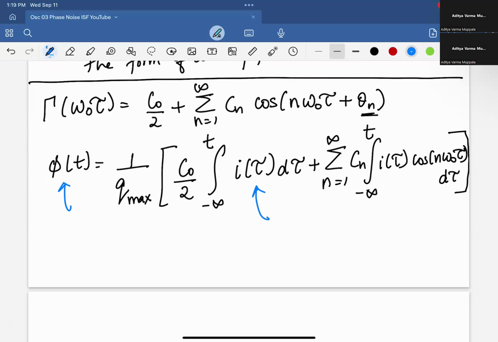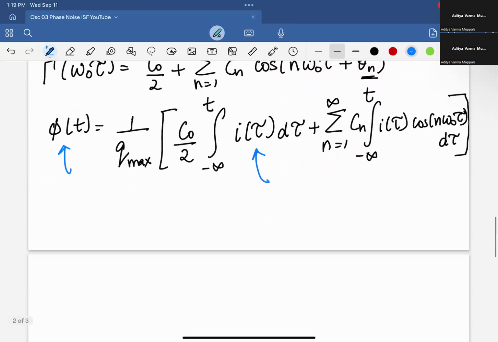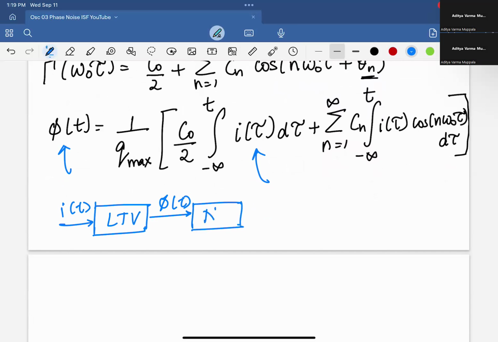That's a phase modulation kind of process. So, just to review, you have I of t that goes into a linear time varying system, produces phi of t, phase shift, and then that goes into a nonlinear system, and that produces V of t, voltage. So this is based on the ISF, and this is phase modulation, right?